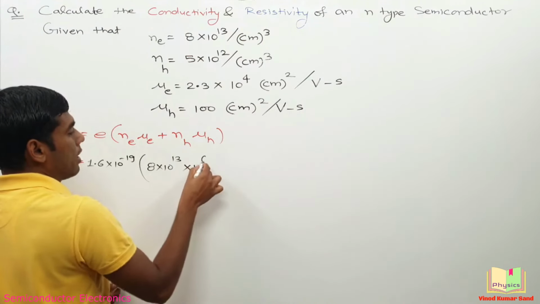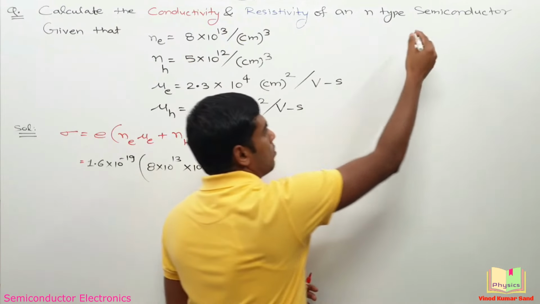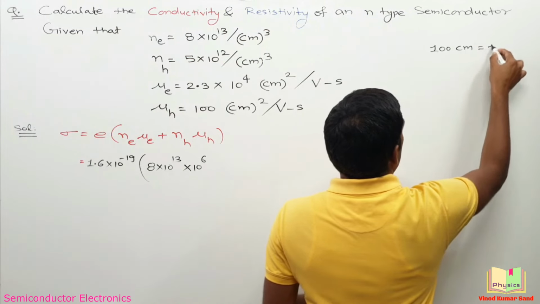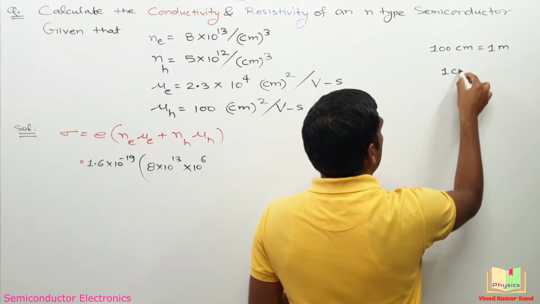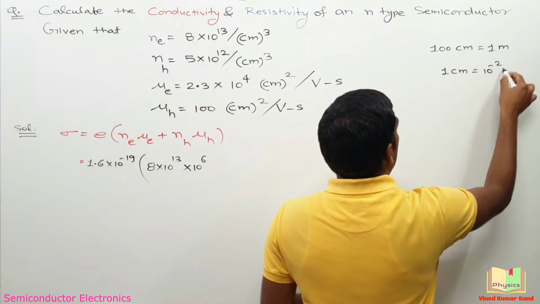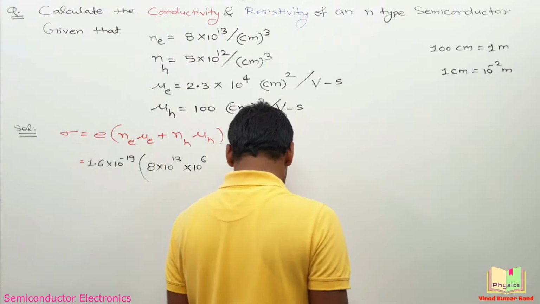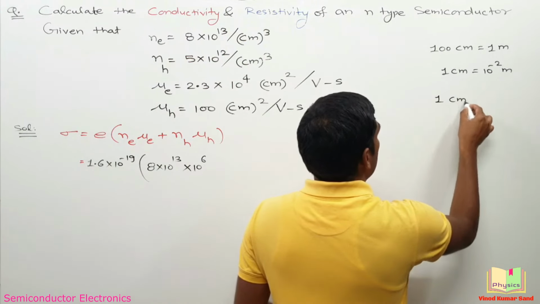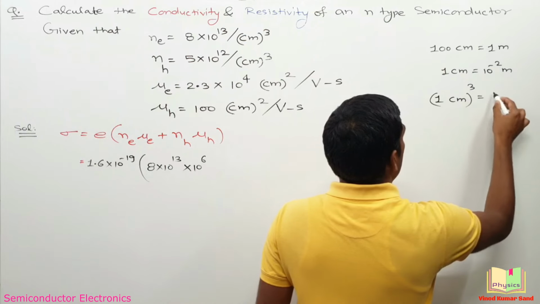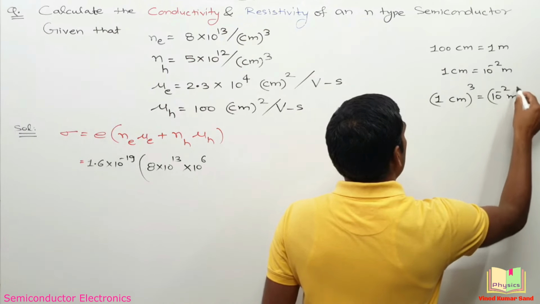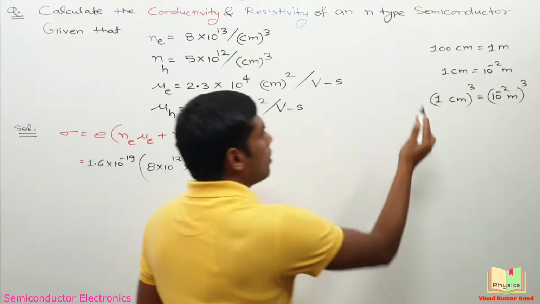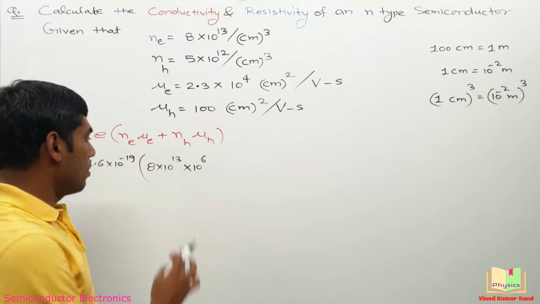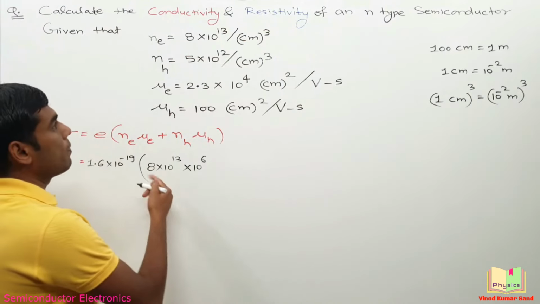So here I should write extra 10 to power 6, as we know that 100 centimeter makes 1 meter, or 1 centimeter is equal to 10 to power minus 2 meter, and 1 centimeter cube is equal to 10 to power minus 2 meter cube. So wherever the centimeter is present, we will convert that into the meter because we want the answers in the SI units.